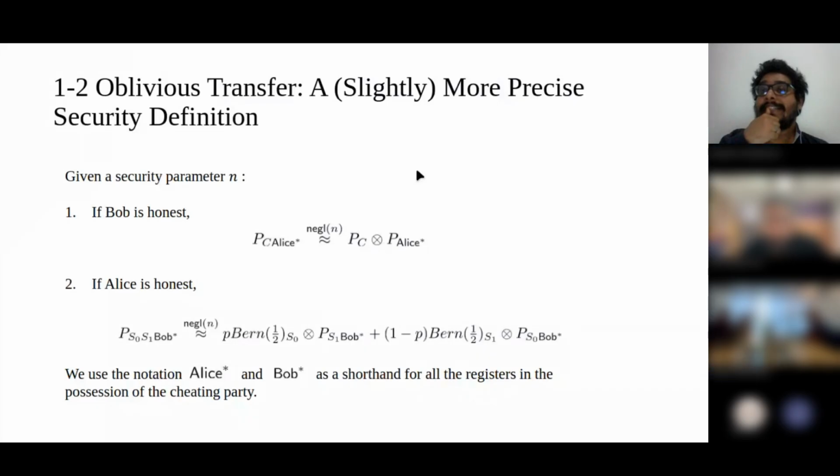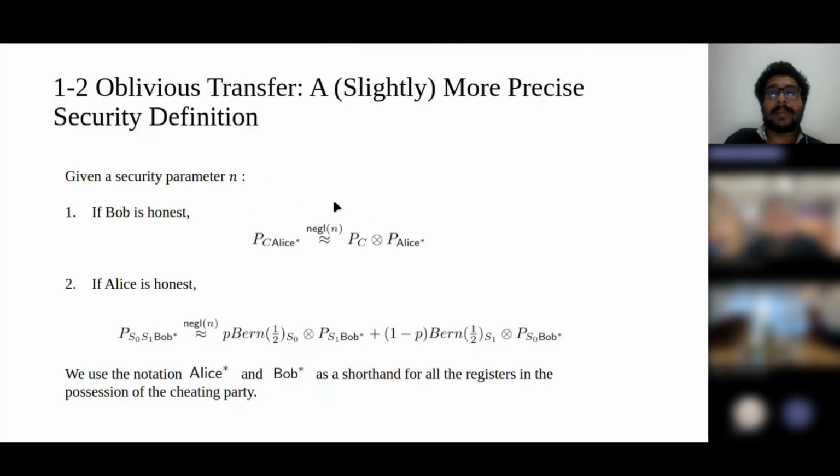There's a very good reason why. If you open Goldreich's book, you will see that he spends at least 10 pages justifying why negligible closeness in the trace distance, even in the computationally secure models, is important. If two distributions are negligibly close, that means that even if you give an algorithm unbounded computational power, it will need quite a bit of time to actually distinguish between those two distributions.